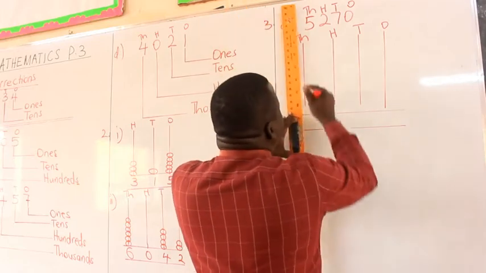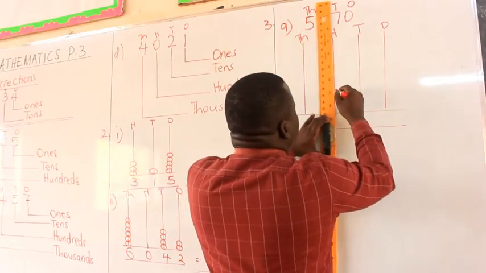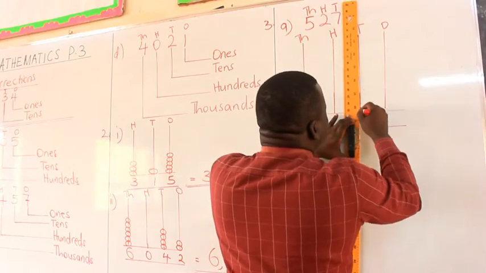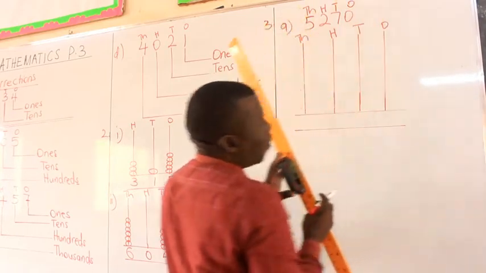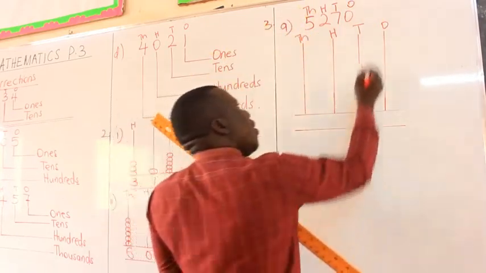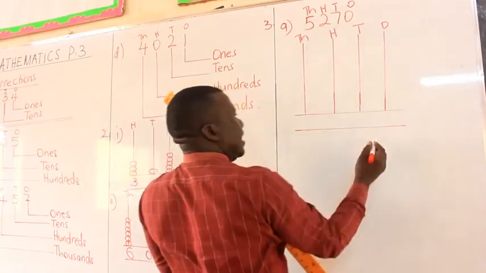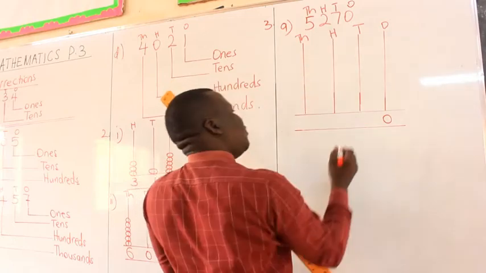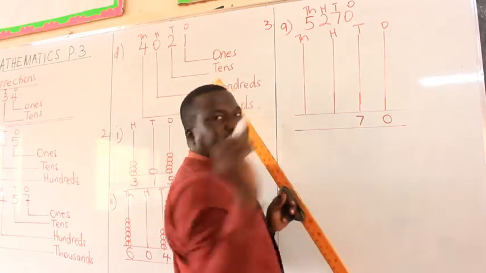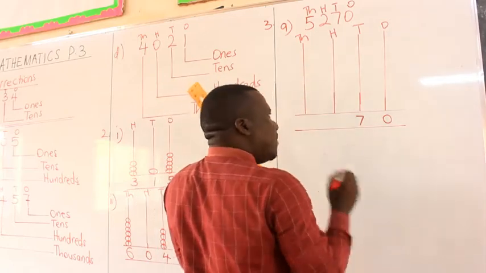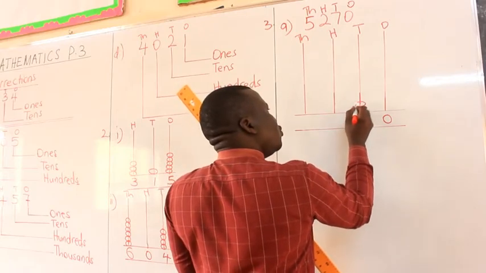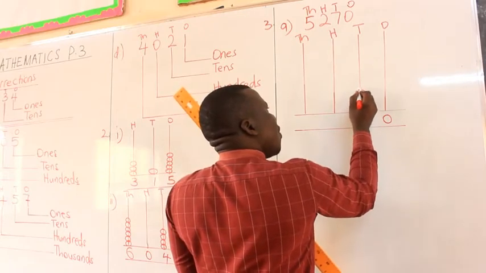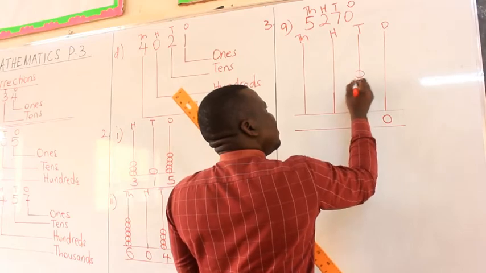On the ones place value there is nothing, just 0. On the tens place value, you're supposed to draw 7 beads, 1, 2, 3, 4, 5, 6, 7.